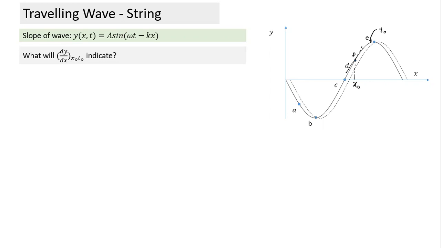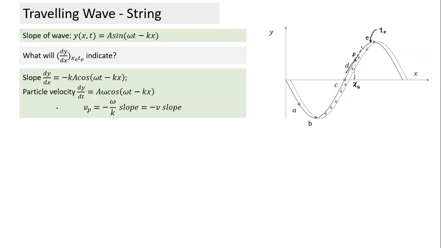Let's understand the significance of slope. Let's obtain dy by dx from this equation. If I differentiate with reference to x, the coefficient is minus k, so minus k comes in. It is a very simple derivative with reference to x. And we already know dy by dt.